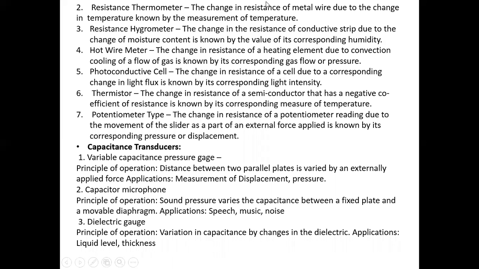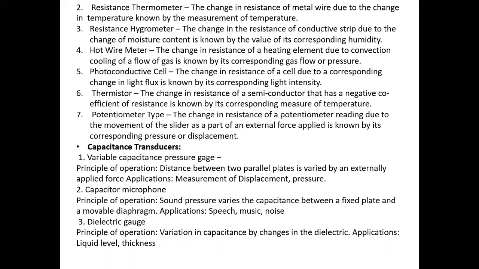Next, the resistance thermometer. The change in resistance of a metal wire due to the change in temperature is known by the measurement of temperature. The output of the resistance thermometer is changing resistance with respect to changing temperature.